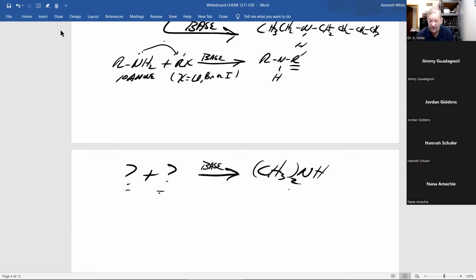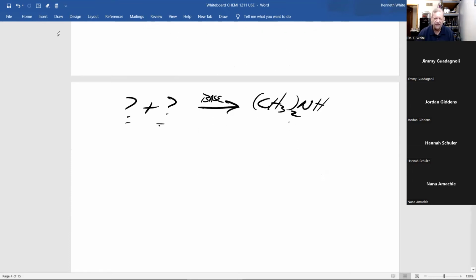Now, to train you, because practice makes perfect, this molecule here can also be drawn like this. And this is something you should get used to, because more likely on a test, I'll put this, not this, because this is less work for me to do, and organic chemists are lazy. Your turn. What would be the two things you react to make that molecule?